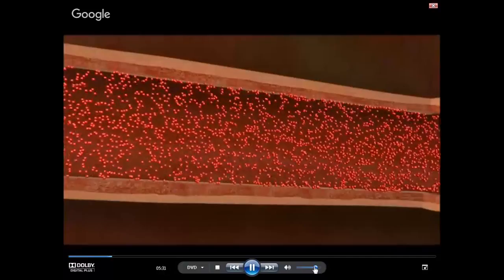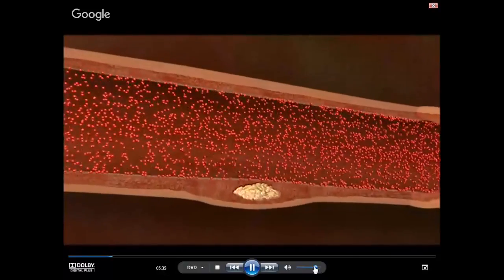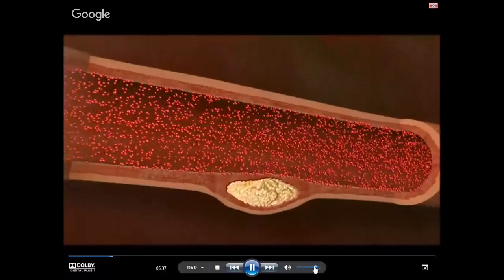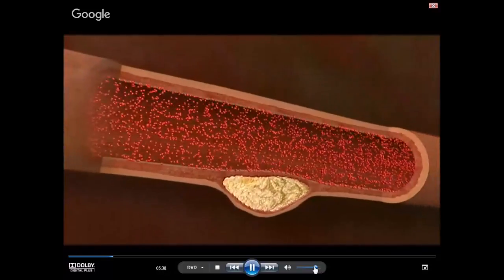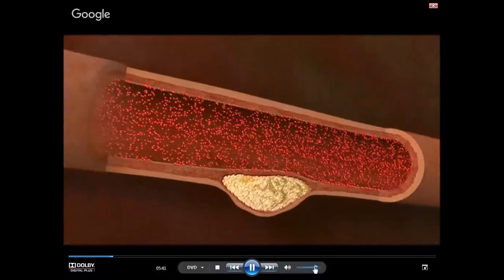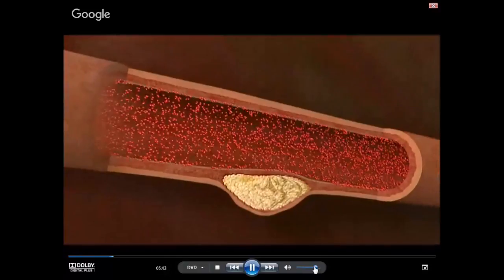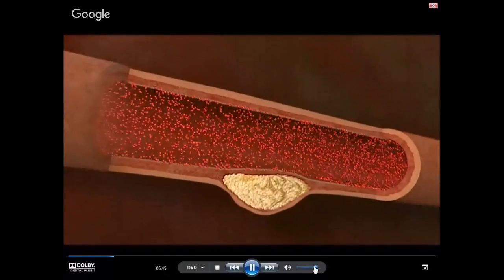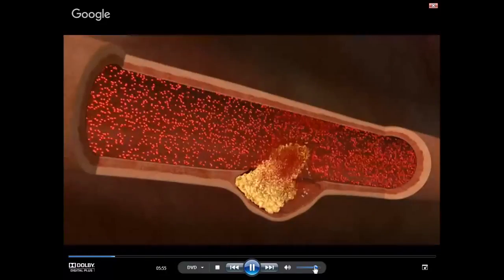But heart attacks result more often from plaque that does not protrude into the artery itself, but remains hidden in the artery wall.